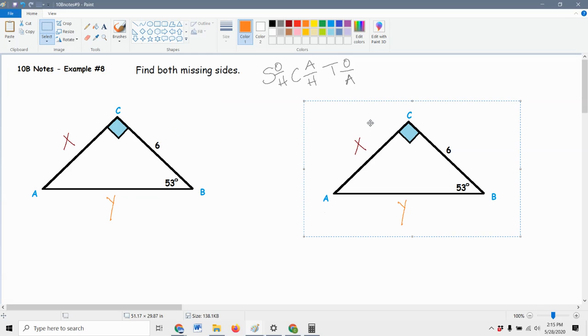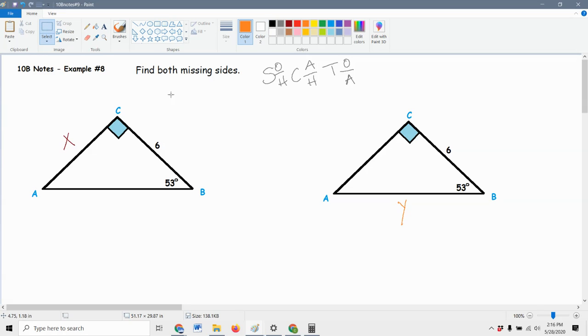But on your paper, I want you to copy that problem again, and pick one of them to work the x and one of them to work the y. I'm going to work the x on this first one, and the y on the second one. I'm going to show you the reason why having two triangles for the same problem is useful.